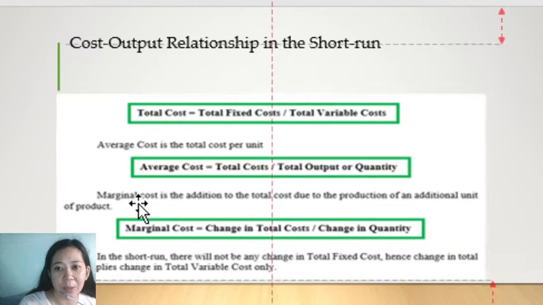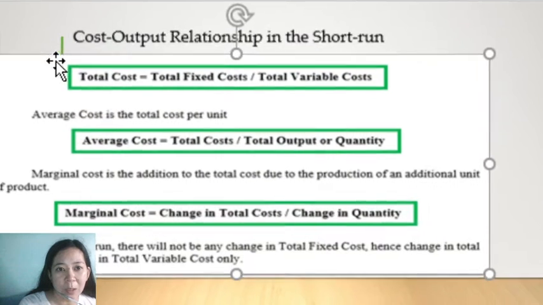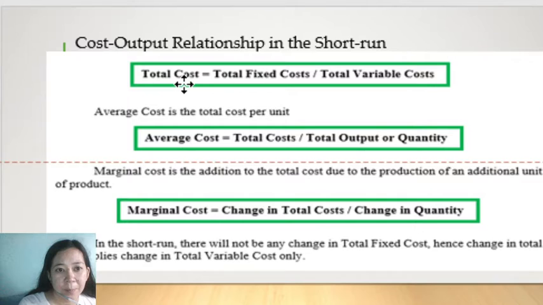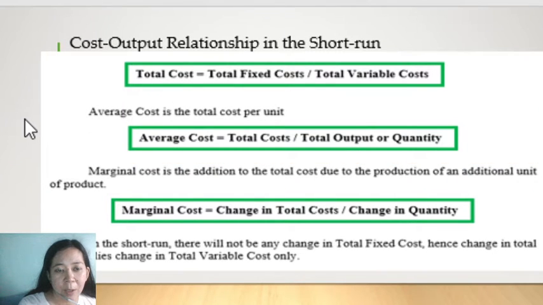If you still remember here, the average cost is total cost divided by the total output or quantity.